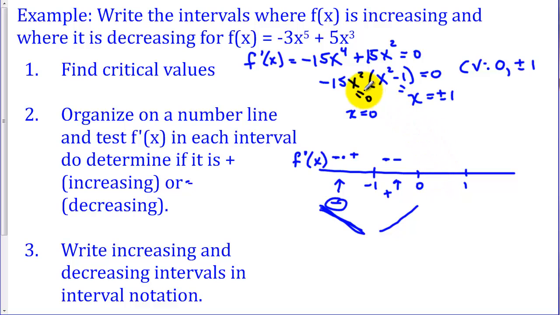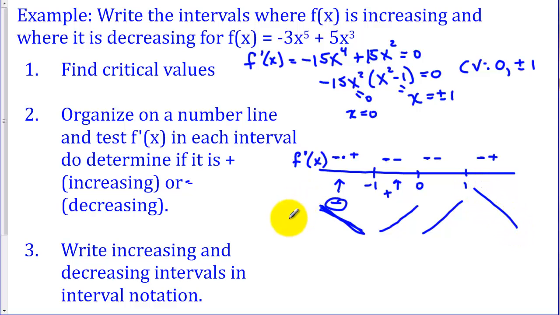Put in positive 0.5, so again that part's going to be negative. And this part, a positive 0.5 squared is less than 1, so that's negative. So again, we're positive, so we're increasing. And finally out here we've got negative, and then this will be a big positive number, so we have negative times positive, so this will be negative.